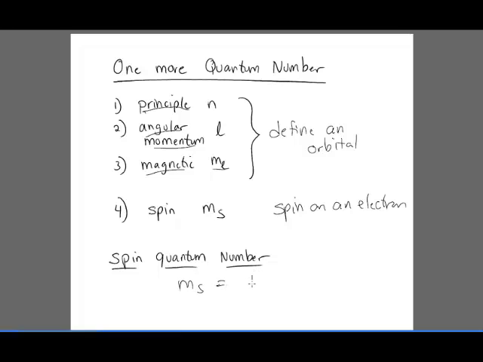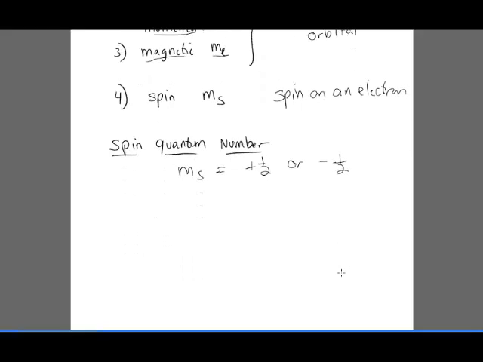It can either be plus 1/2 or negative 1/2. Okay, so there's two choices for that. And basically, whenever you have an orbital, let's say it's an s orbital, you can have one of two different spins in that orbital. You can have an electron with a spin up, or you can have an electron with a spin down, and you can have only 2 electrons per orbital.